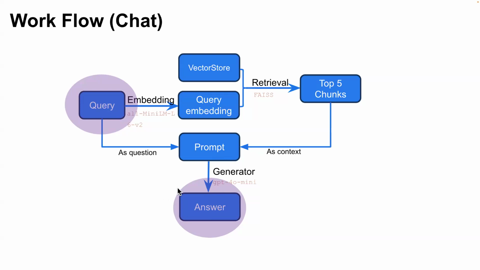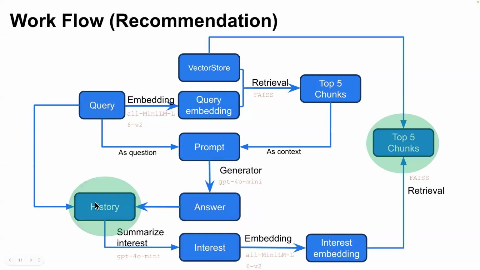Once you go through several rounds of this, you have conversation history. We summarize the history with the GPT model into a format that says what we think the user is mostly interested in right now, then embed that with the same model and do another retrieval from the vector store, returning another top 5 chunks.